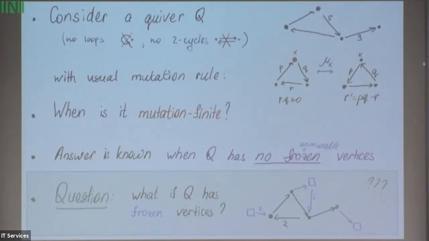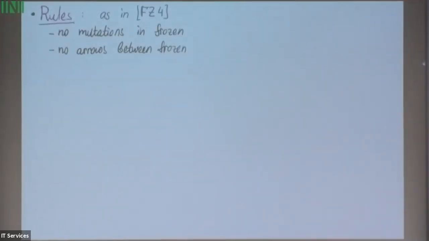Let me specify the things. By frozen variables, I assume something which I don't want to mutate in, and there will be no arrows between frozen variables because I don't mutate in them.